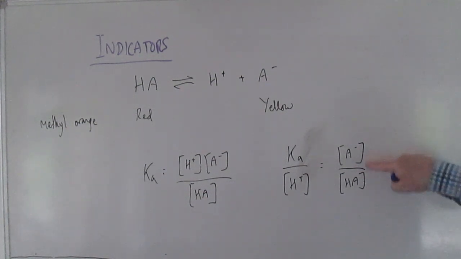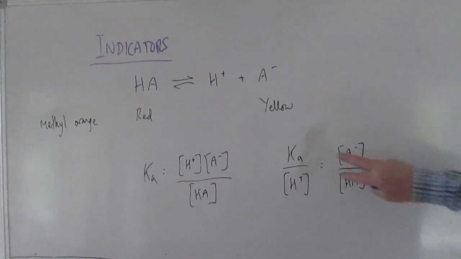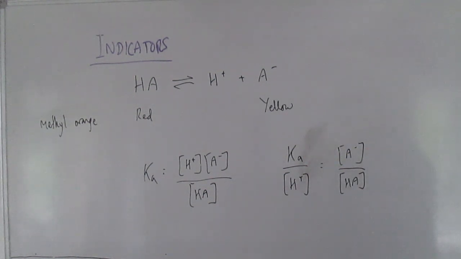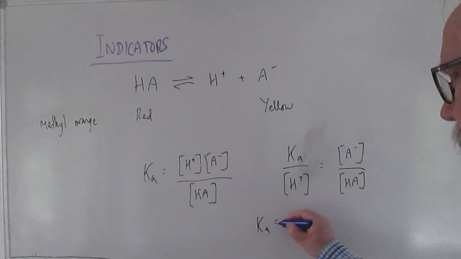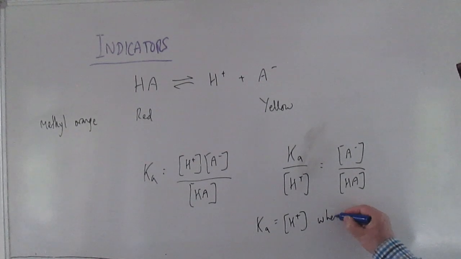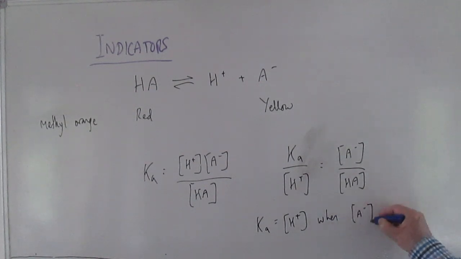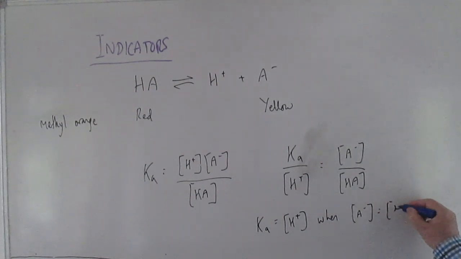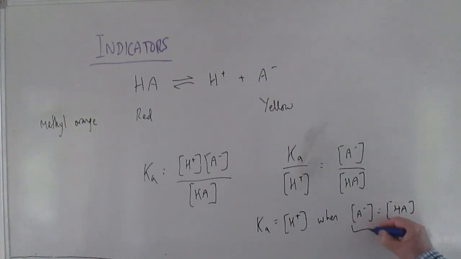And if these two concentrations are the same, that must mean these two numbers are the same, because obviously if these two are the same, this side equals 1, so that side has to equal 1. And so we can make the statement that Ka is equal to H+ when A- is equal to HA, which is when the colour changes.